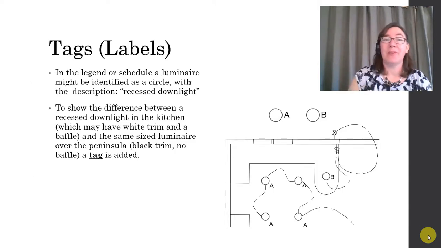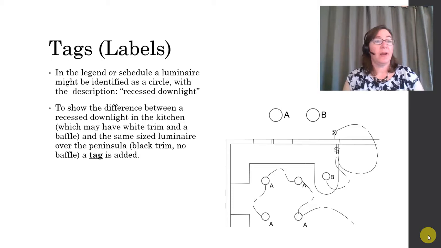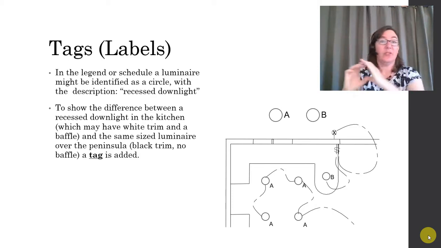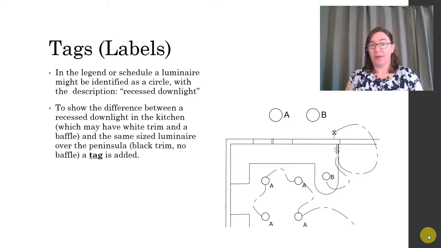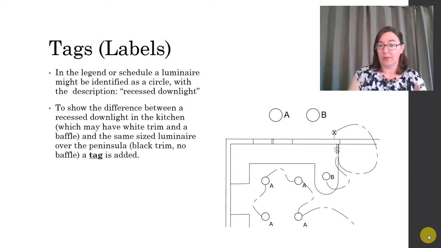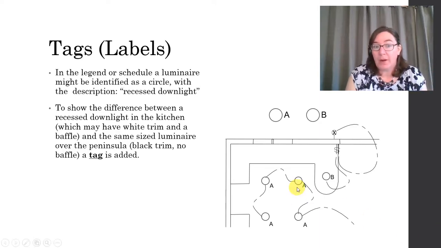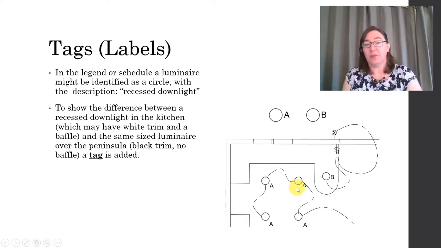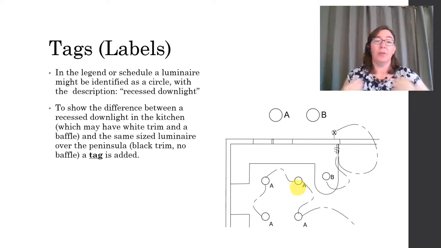Let's come back to that idea about tags or labels. In the legend or the schedule, a luminaire might be identified as just a circle. And the description, recessed downlight. So to show the difference between two different types of recessed downlights, maybe we have one, here's an example, in a kitchen, white trim and a baffle. And then we've also got another one over the peninsula, it's a black trim, no baffle.